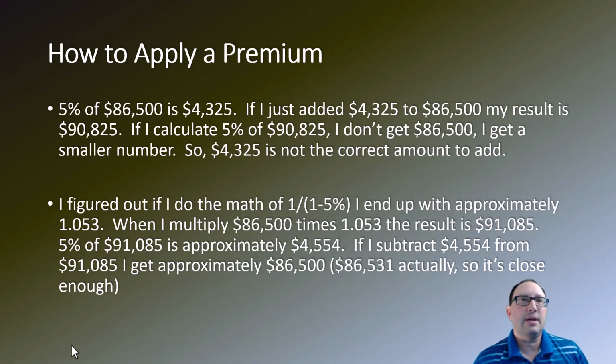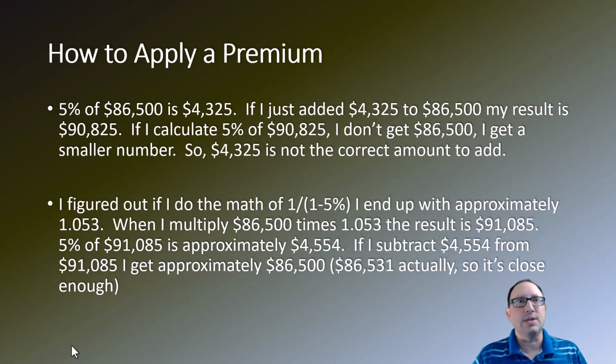So 5% of 86.5 is 4,325. That's not the right number. I had to do the math I described here in the second paragraph: 1 divided by the quotient of 1 minus 5% to get the premium of 1.053 rounded. When I apply that to 86.5, I get the number 91,085. I tested it by subtracting 5% off of that 91,085, and I got 4,554.